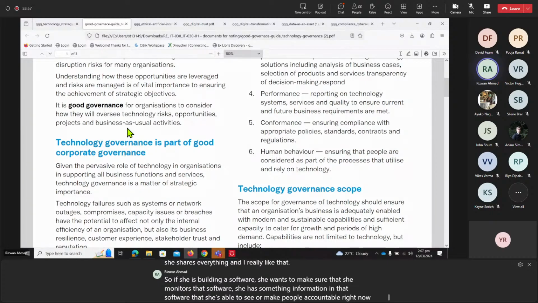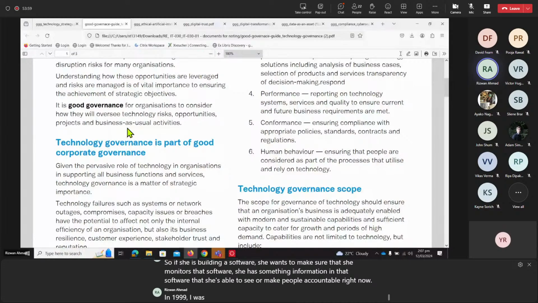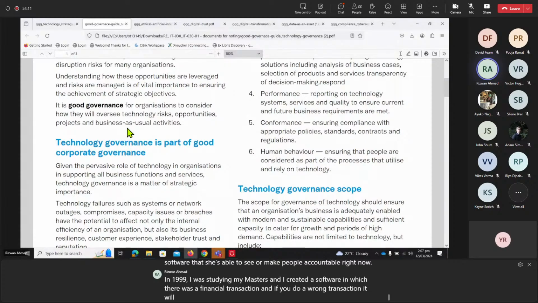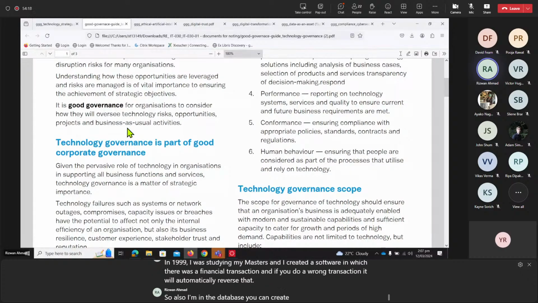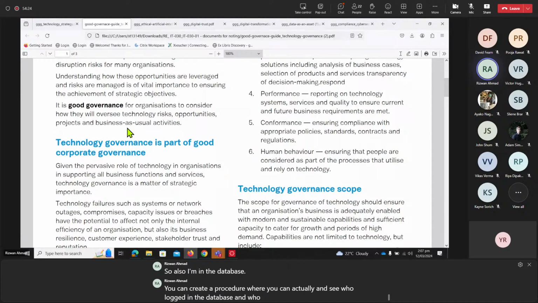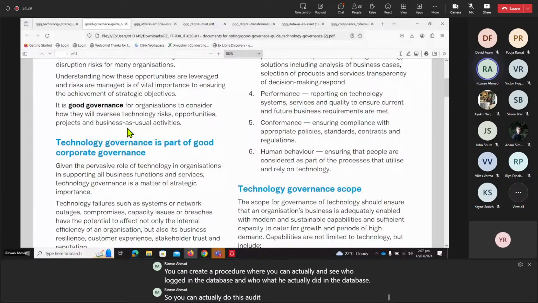In 1999, I was studying my master's and I created a software with a financial transaction, and if you do a wrong transaction, it will automatically reverse that. Also, in a database, you can create a procedure where you can see who logged in to the database and what he actually did. So you can do audit trails within your database.